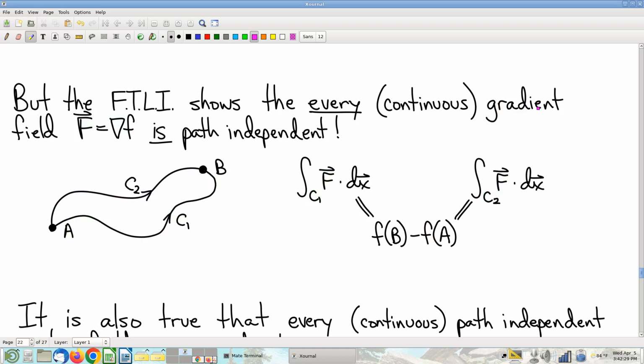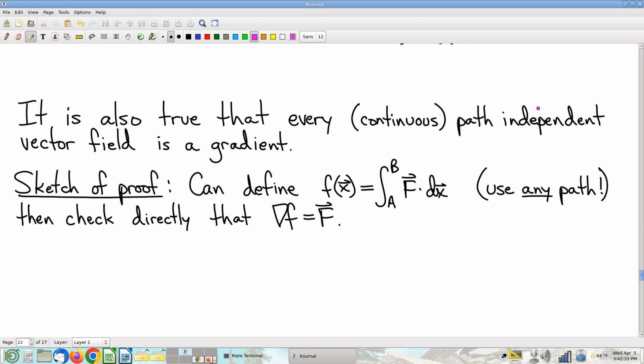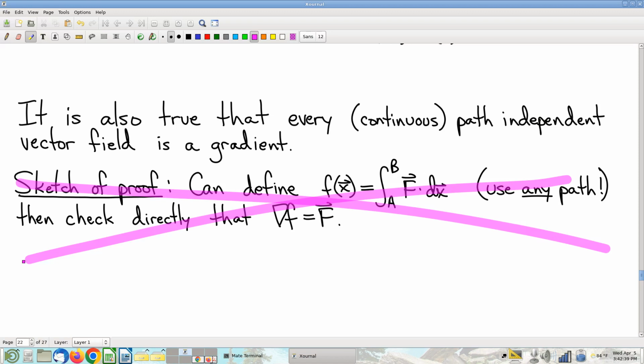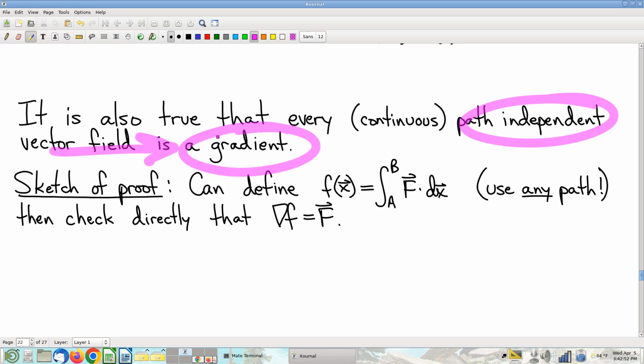Now, another true fact that's a little bit more trouble to prove, and that just doesn't quite make the cut for things that are worth class time. You're not responsible for this. You don't have to look at it. But this is how the argument would work to justify the second statement I'm going to make, which is that not only is every gradient path independent, but every path independent vector field is also a gradient.